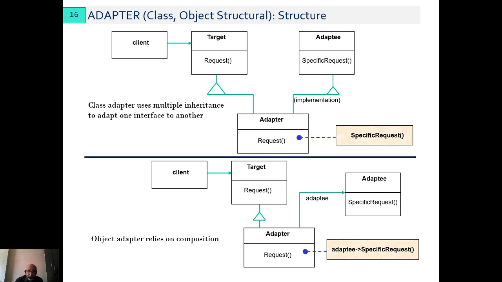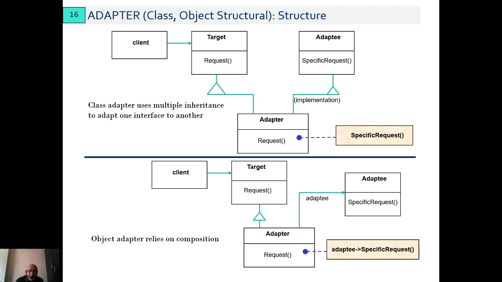In case of object adapter, you can see that the adapter now is having a direct communication with the adaptee to override some of the behavior, that is, specific requests could be handled, right? And then the target now is holding the generalization from the adapter. So differentiating these two, have a look again.